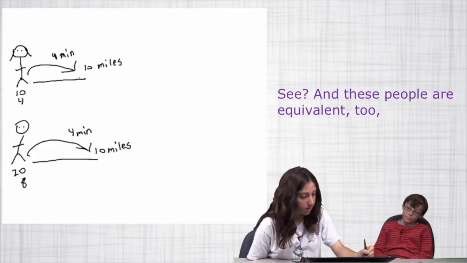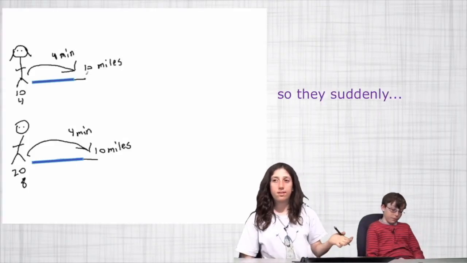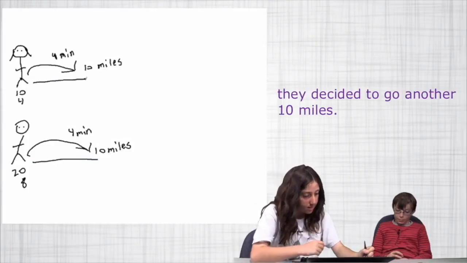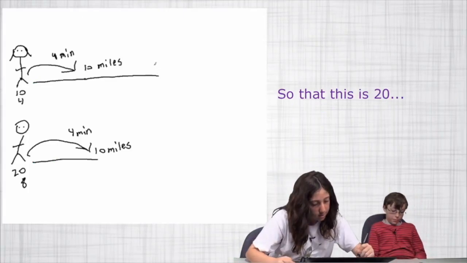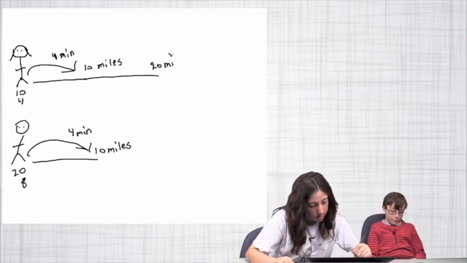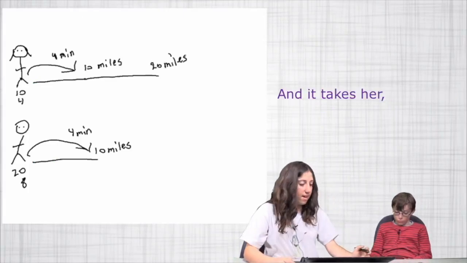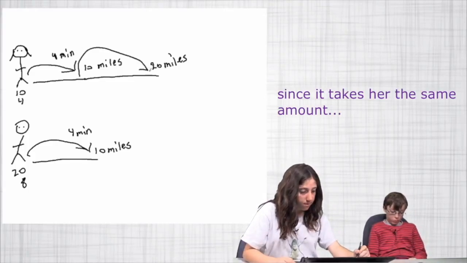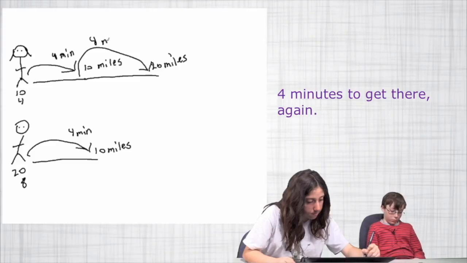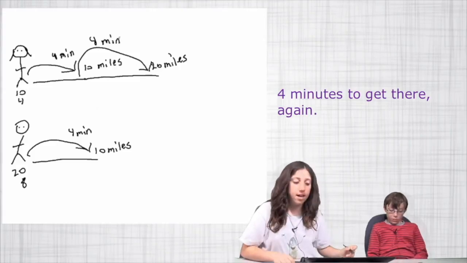So these people are equivalent to each other, so we decided to go another 10 miles. So this is 20. And since it takes her 4 minutes to get there, again.